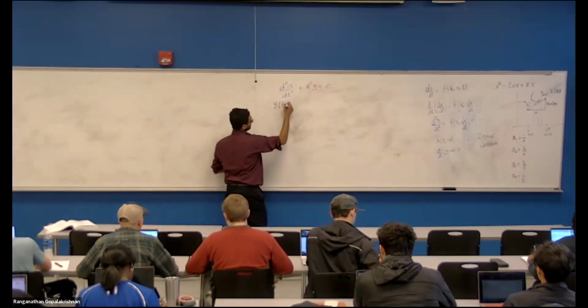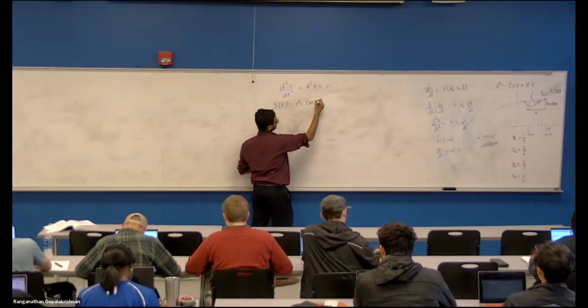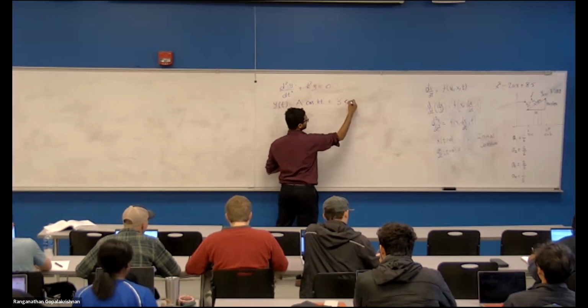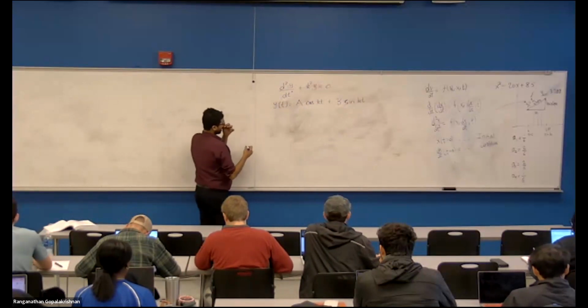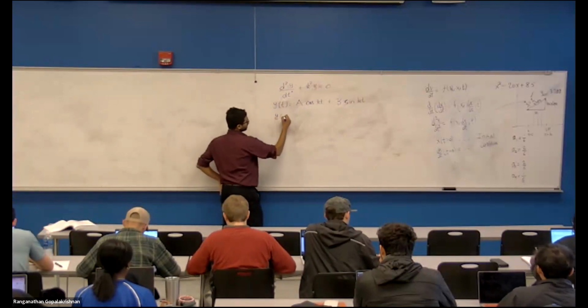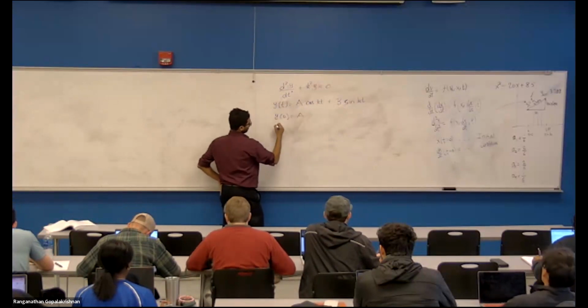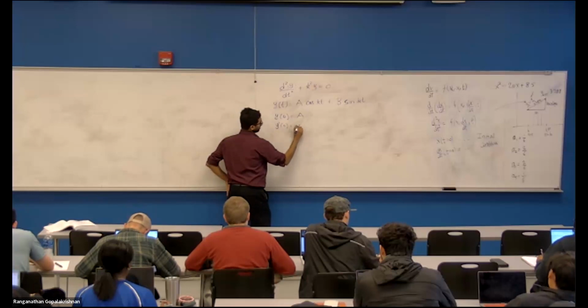This is y of t equal to an arbitrary constant A times cos kt plus another constant B times sin kt, where A and B are evaluated using the initial conditions. y of 0, let's say, is A, and y dash of 0 is B.